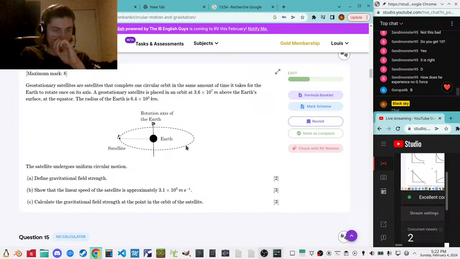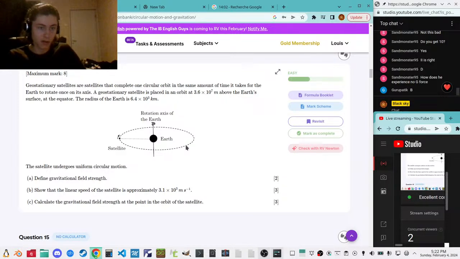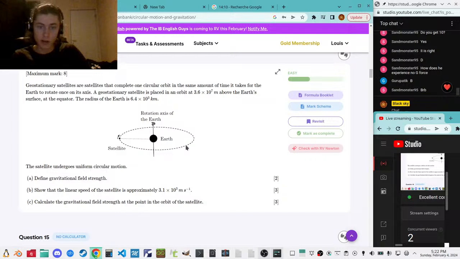Geostationary satellites are satellites that complete one circular orbit in the same amount of time it takes for the Earth to rotate once on its axis. A geostationary satellite is placed in an orbit at this height above the Earth's surface at the equator. The radius of the Earth is this. A satellite undergoes uniform circular motion. Define gravitational field strength.